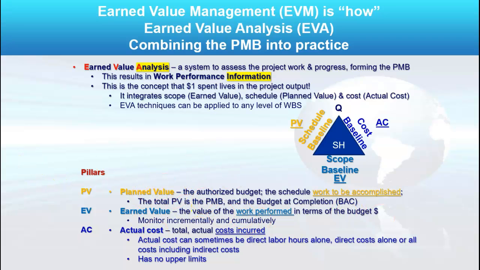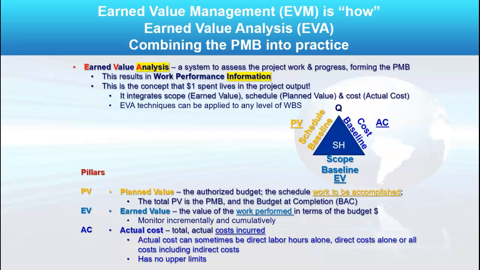Planned value is the authorized budget, and this applies to your schedule. This is the work to be done in your schedule, right? And it's known as PV. At the beginning of the project, it's also equivalent to budget at completion, right? What I plan to do is what I plan my budget to be when I'm done.